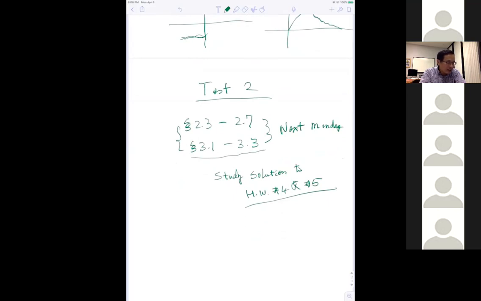I doubt that you would find any help on this test by Googling it anyway, but it's always good to study the solutions beforehand. Any question regarding the test?